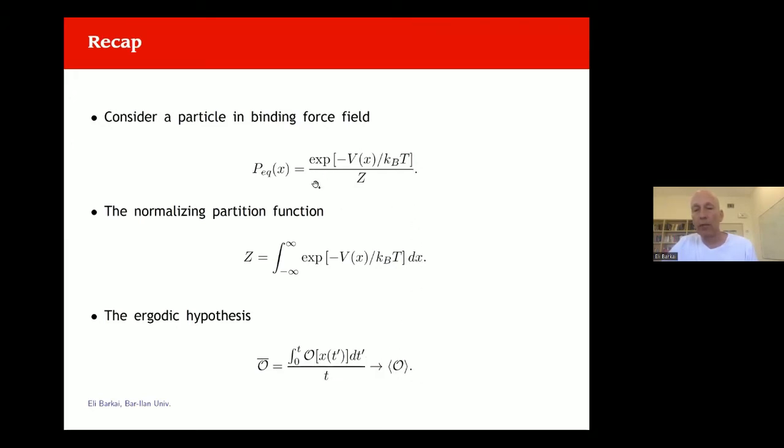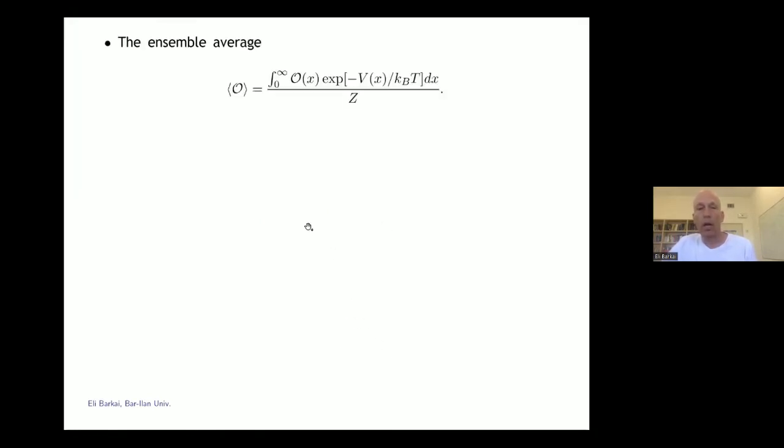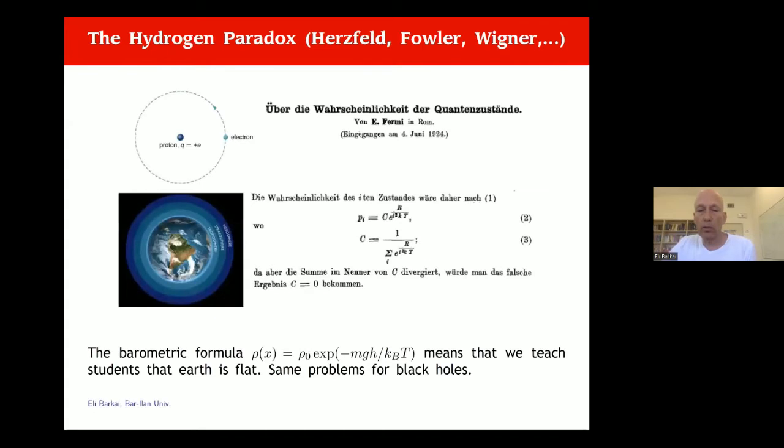And the ensemble averages are calculated from the equilibrium measure. Just as written here, you take your observable, you multiply by the Boltzmann function, you divide by the normalization, and you integrate. All this is well known in textbooks, but now let us consider a very well-known system.